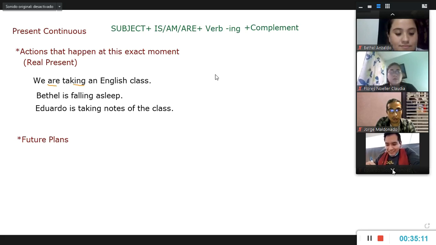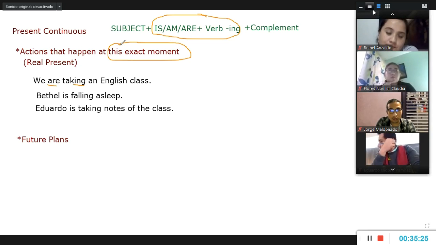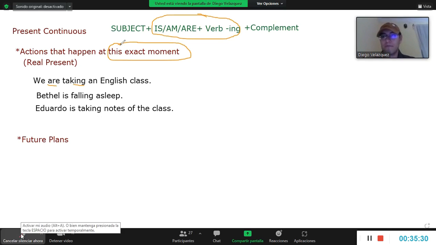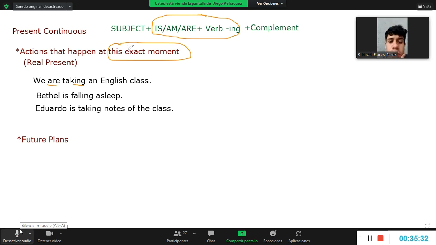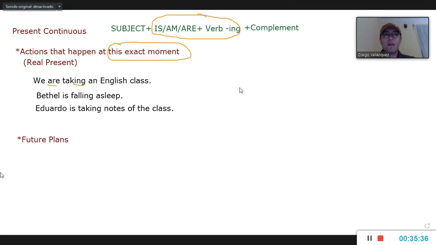The combination with is, am, are and ing is for us to represent this exact moment. Something that I know that you checked on basic 3, but just in case, do you have any questions? No, teacher.